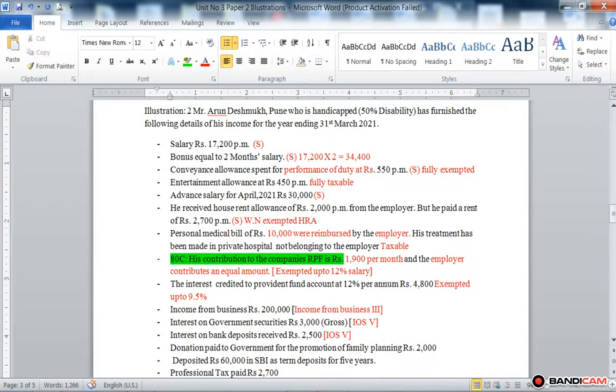Donation paid is allowed for deduction under section 80G, but how much deduction is allowed? 50% of the donation is allowed for deduction, because the donation is given to the government for promoting family planning.